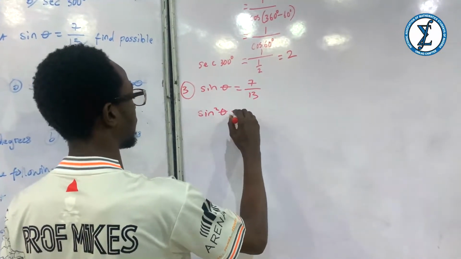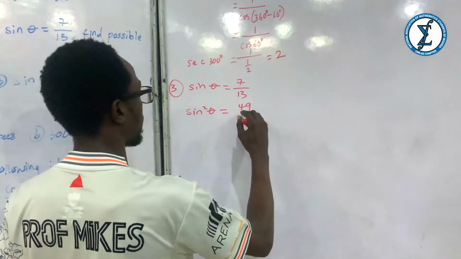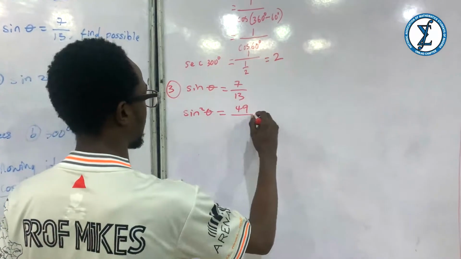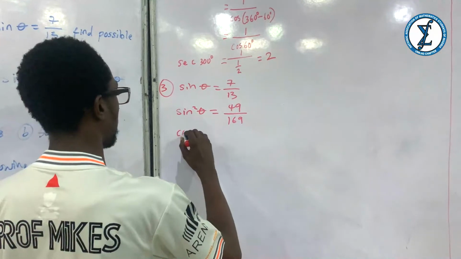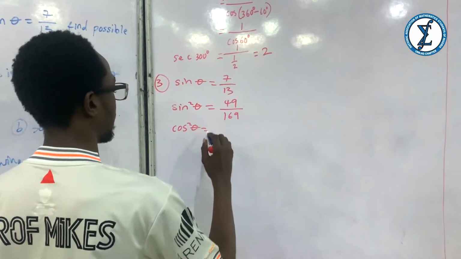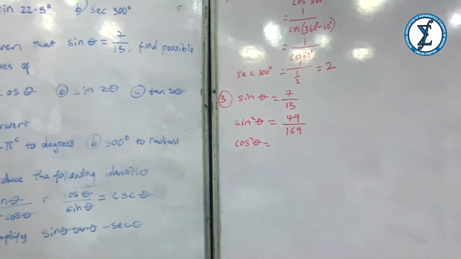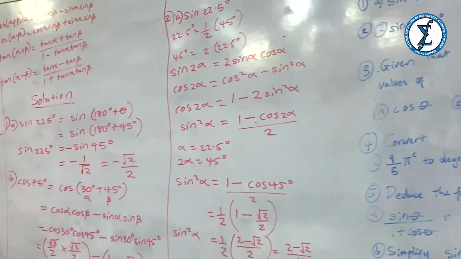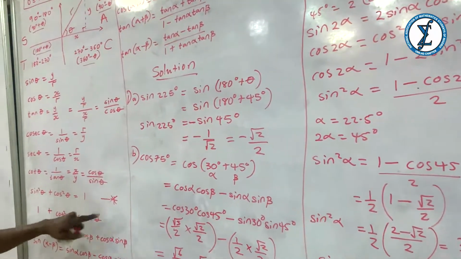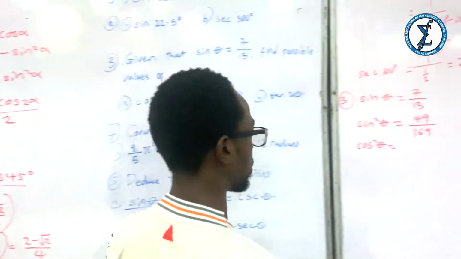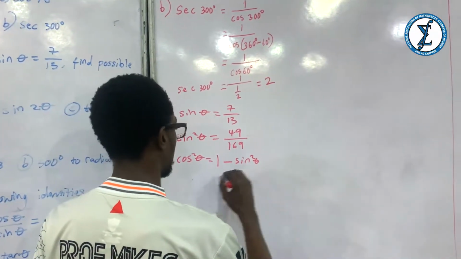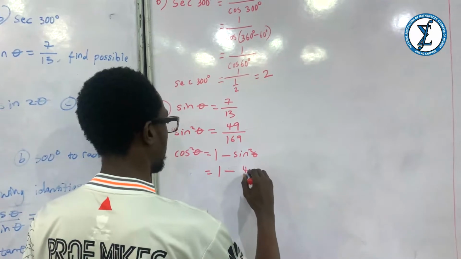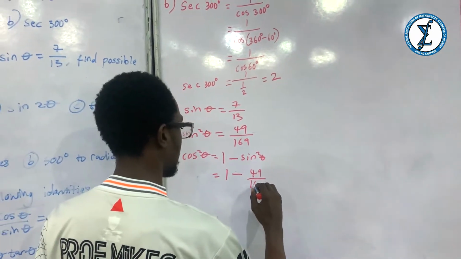sine squared theta is equal to the square of this, that's 49 over 169. And so cos squared theta, from the first identity which I pointed out here and which I also asterisked because it's very useful, is going to be 1 minus sine squared theta, which is 1 minus 49 over 169.